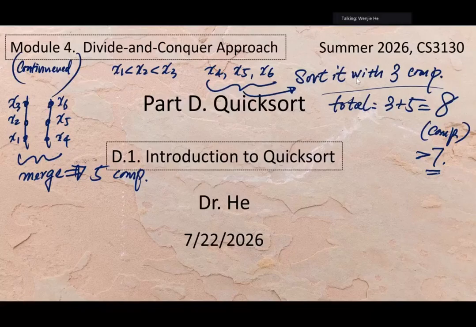So this solution is just one comparison worse than the lower bound. It could be an optimal solution, but it's unknown. We don't know.